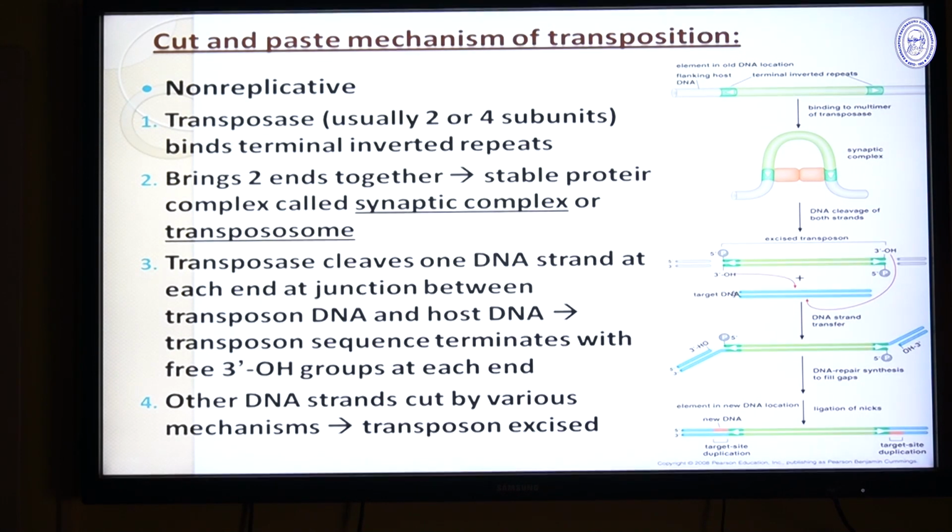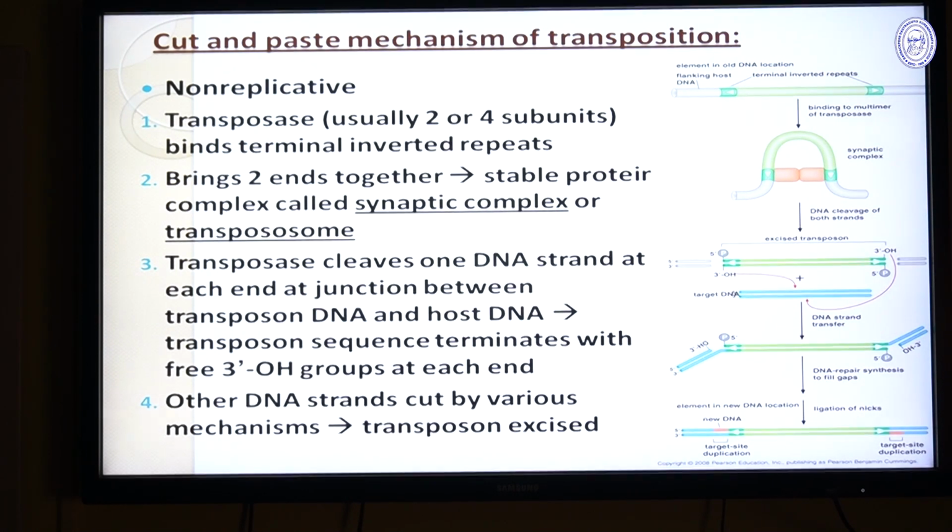So the complete action is carried out only with the help of this transposase, which is present only in the Ac kind of transposons, or the unstable independent autonomous transposons. It is absent in the Ds elements, which are the unstable dependent transposons. As I said, the transposase has either 2 or 4 subunits.